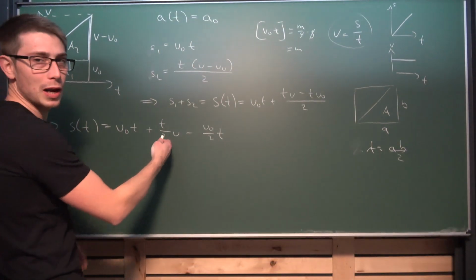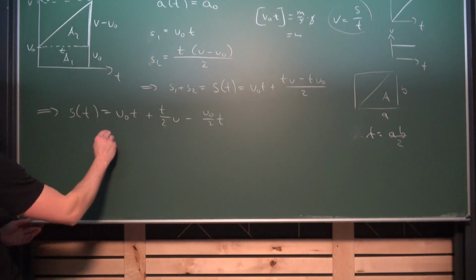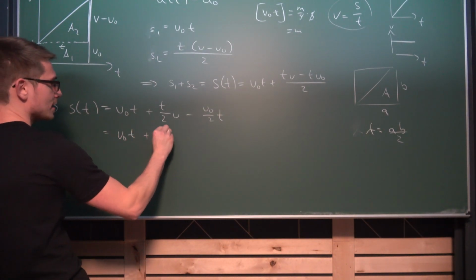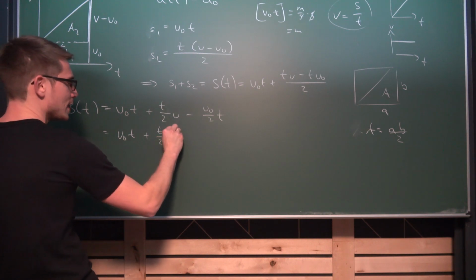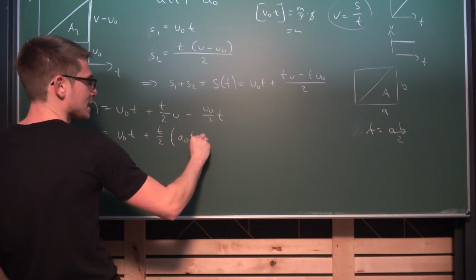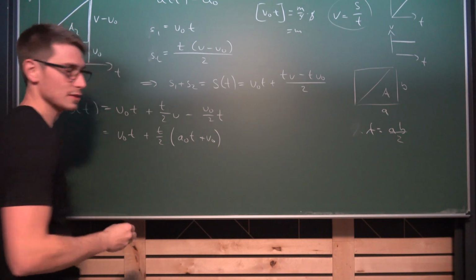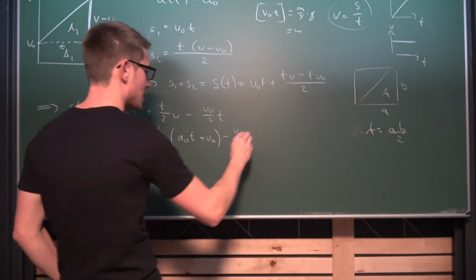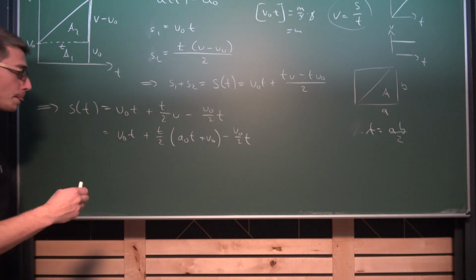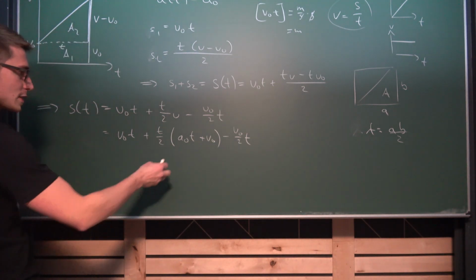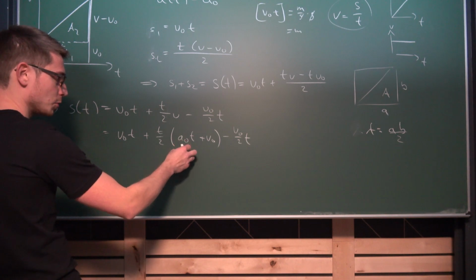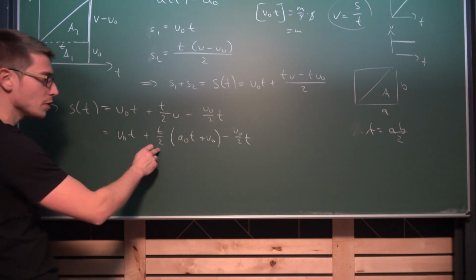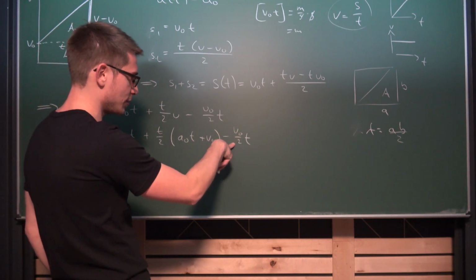So if we now plug this new format in, what we're going to get is V naught times T plus T divided by 2 times A naught times T plus our V naught, the initial velocity, minus V naught over 2 times T. You are probably going to notice that we can factor all of this out, multiply it out, and then we get a factor of V naught times T divided by 2, where we have the additive inverse here.